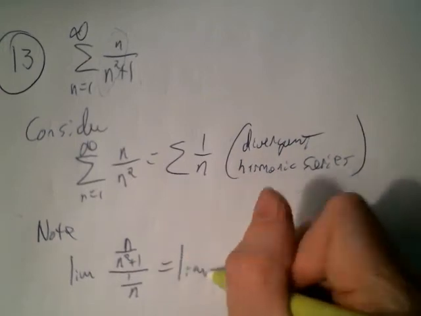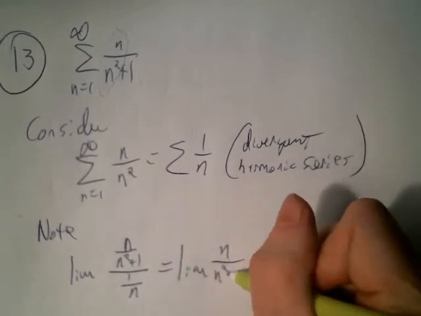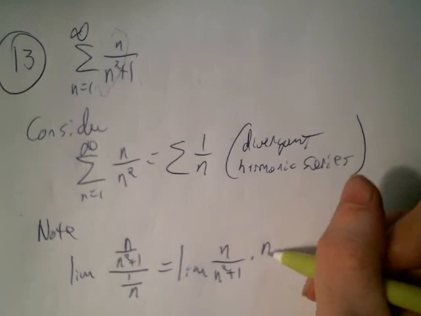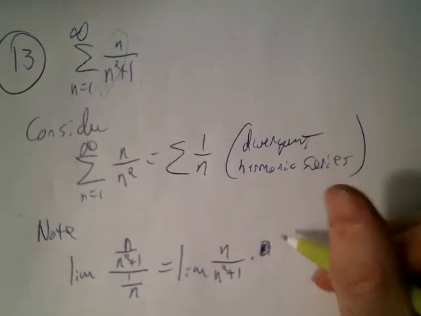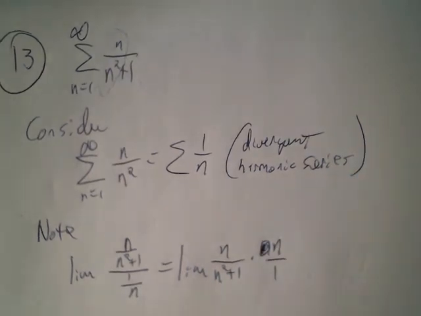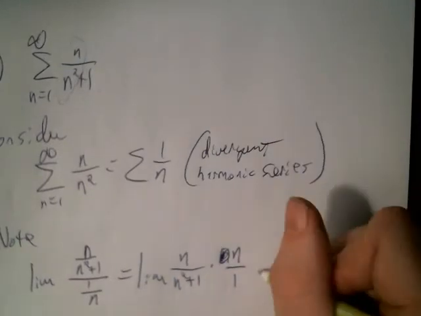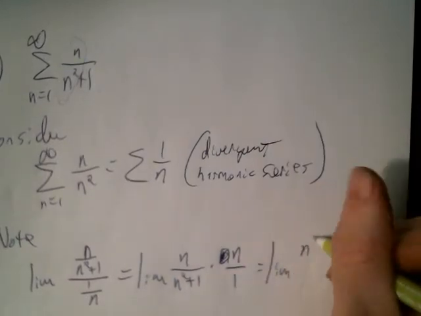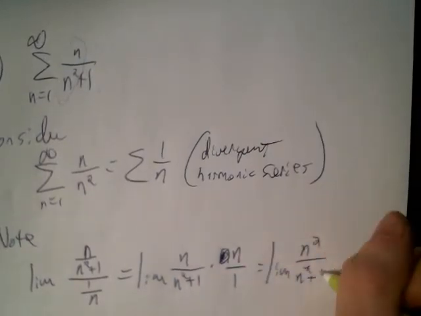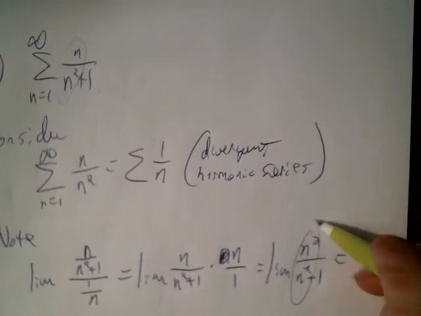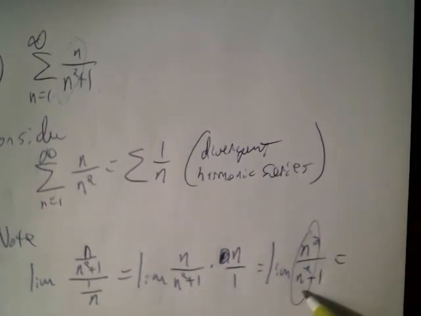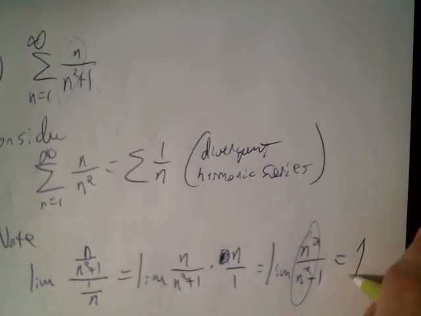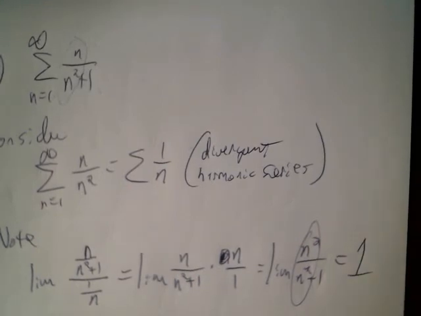This will be the limit of n all over n squared plus 1 times n over 1, the reciprocal of 1 over n. And then this will be the limit of n squared all over n squared plus 1. And then the limit of that is just the limit of n squared over n squared, which is the limit of 1, which of course is 1, which is greater than 0 and finite.